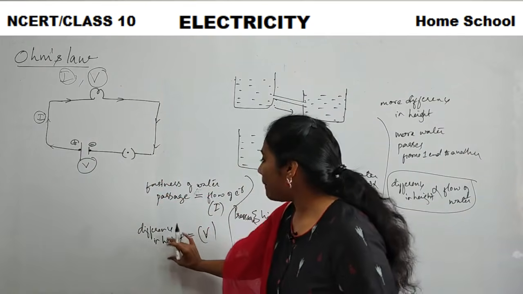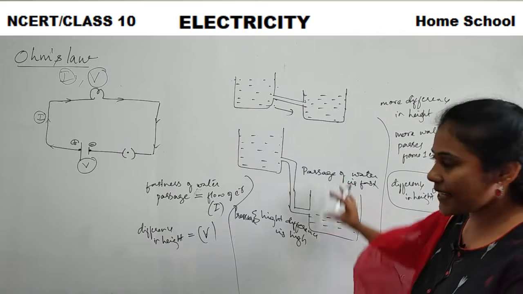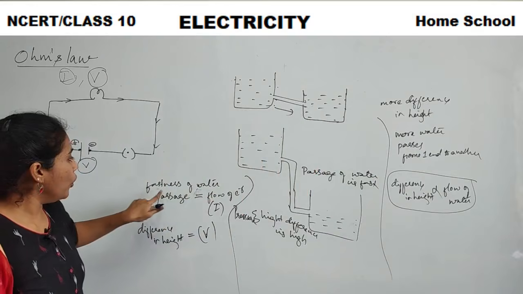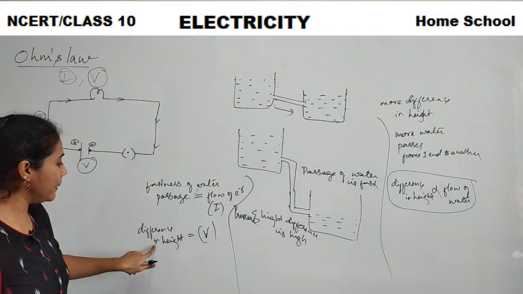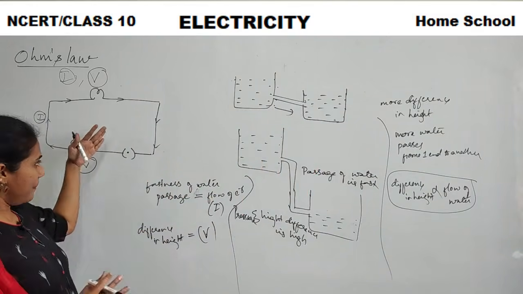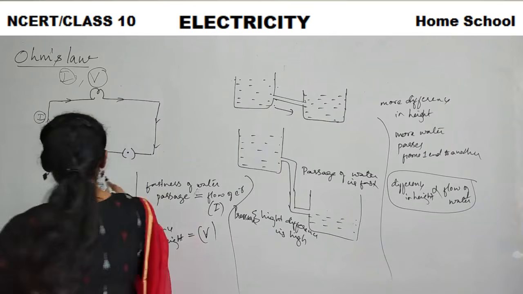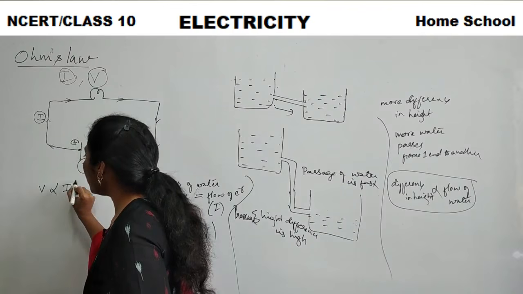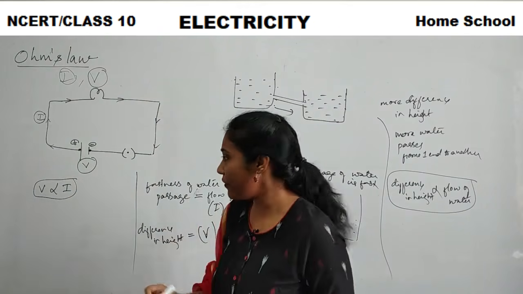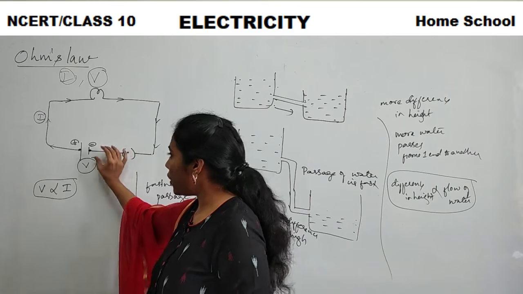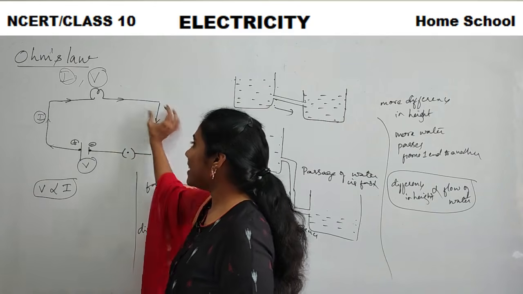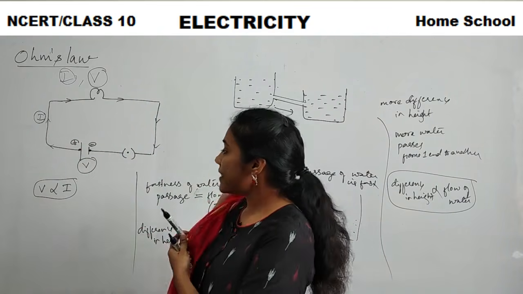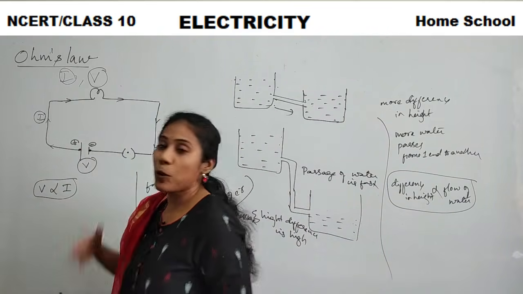So similarly here, I can write that voltage is directly proportional to I, right? Definitely more the push you give for the electrons to flow, more fastly the electron flows and more current would be created, right? So this is what we actually mean by Ohm's law.